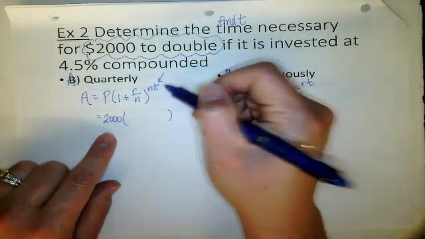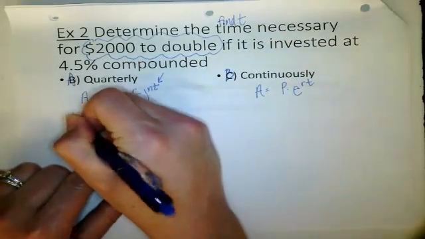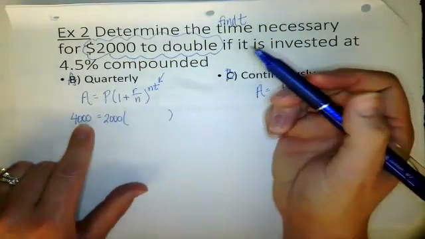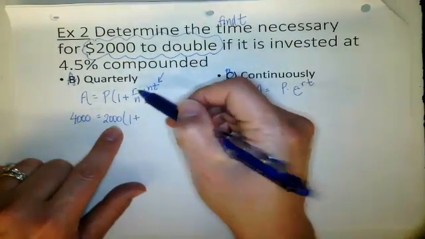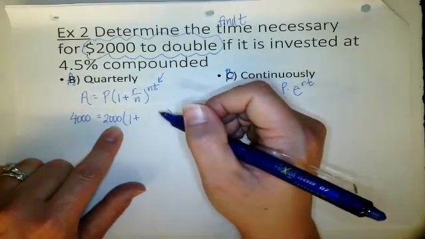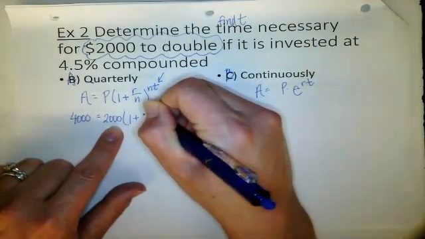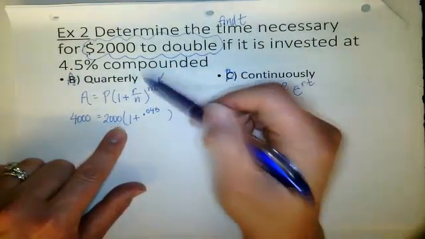We want to know how long it takes to equal $4,000. And then what should we use for r? 0.045, 3 decimal places, 0.045. And this is compounded quarterly.